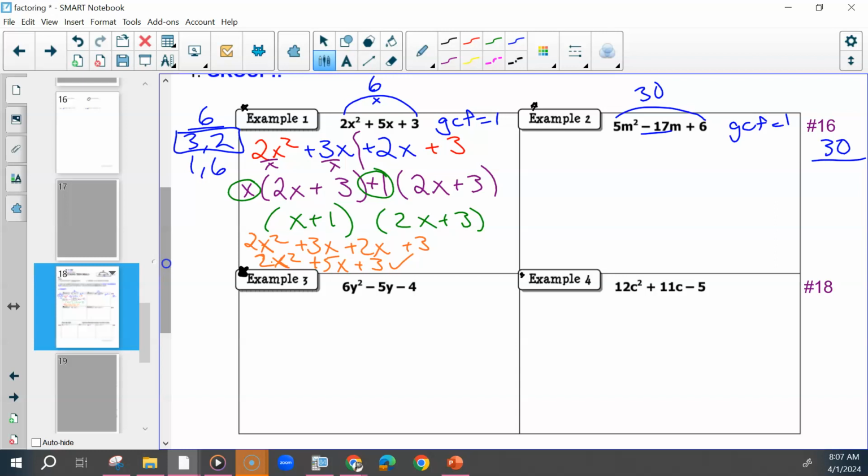Okay, so factors, 5 and 6. What are some others? 30 and 1, 10 and 3, 15 and 2.